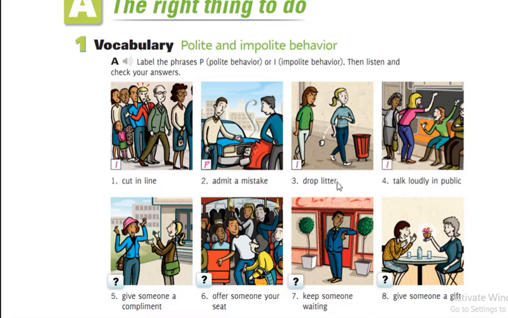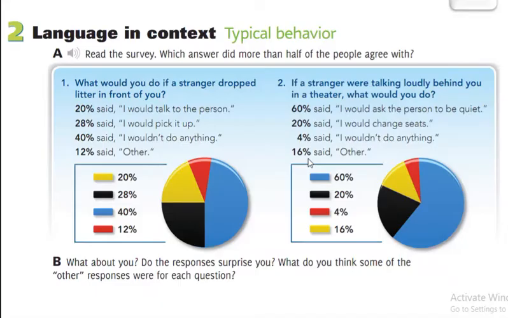Impolite. Number five, give someone a compliment. That's polite. Offer someone your seat. That's polite too. And then keep someone waiting. That's impolite. And give someone a gift. That's polite too. So we look at the pictures. Maybe you have been in any of these situations. Let's continue to the next one.